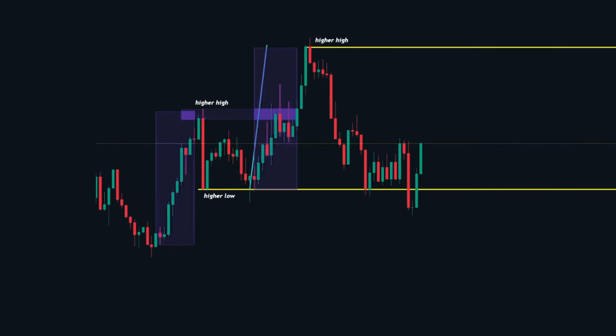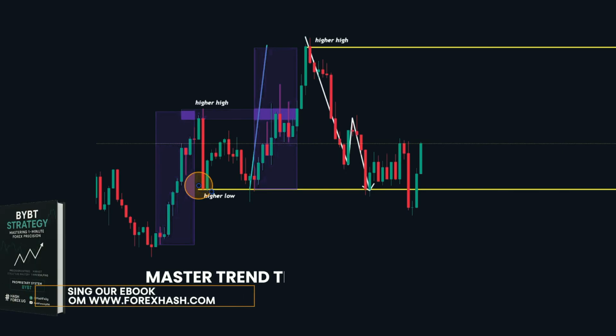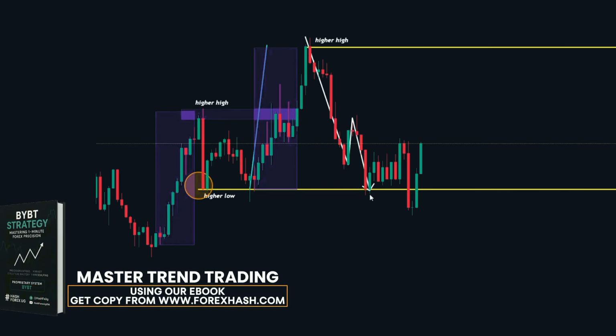So we are having our pullback, retesting this zone here. We are seeing that price respected this area previously here, leaving a zone of support, and at this point here we are having price retesting that zone.